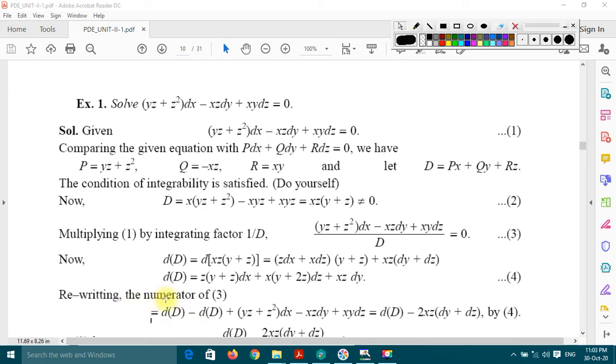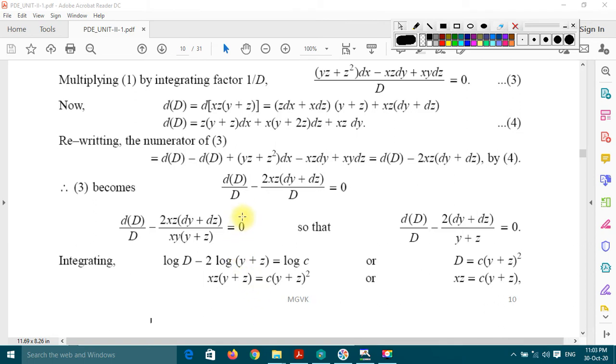Okay, now rewriting equation 3 is equal to dD minus dD, meaning we add and subtract the exact differential form into equation number 3. If we add and subtract, then what happens? dD minus dD plus yz plus z square dx minus xz dy plus xy dz. So dD keep, and substitute the value of dD, then what do you get?